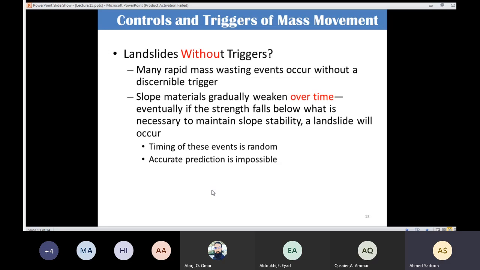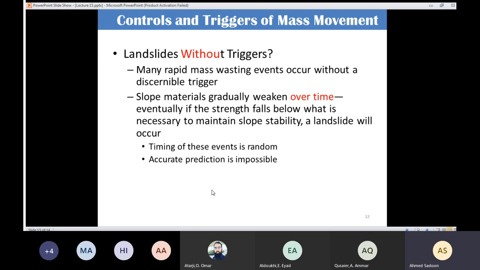So I need to protect the workers inside that hole from the mass movement of the slides, because the slides are not going to be stable. In that case, I'm going to use many techniques. One of the most famous is the retaining wall. I'm going to build a concrete wall to prevent the movement of the soil.